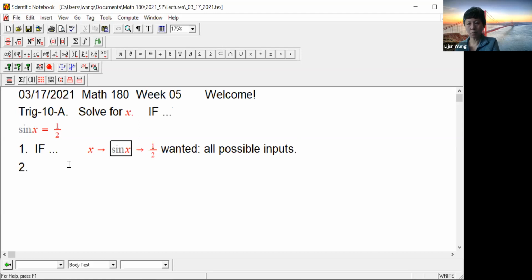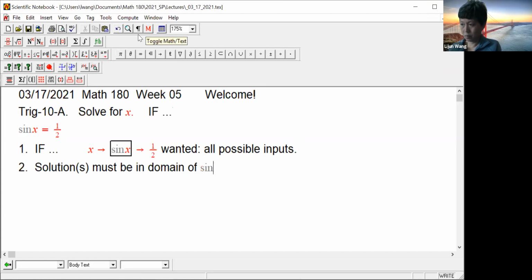The second important element I want you guys to understand is that the solution must be in the domain of sine. Solution must be in the domain. Then what is the domain? All real numbers.